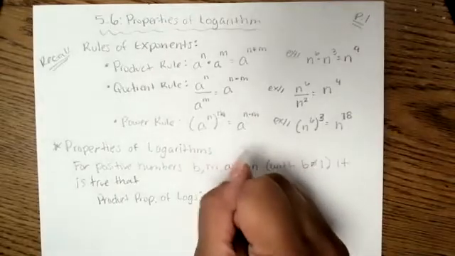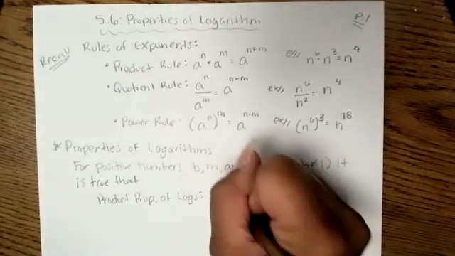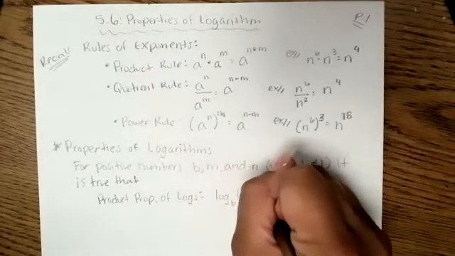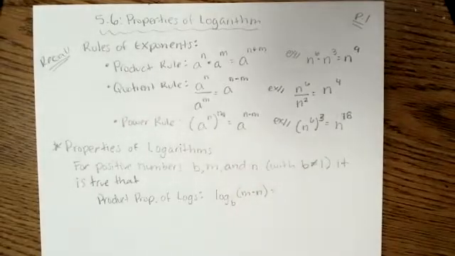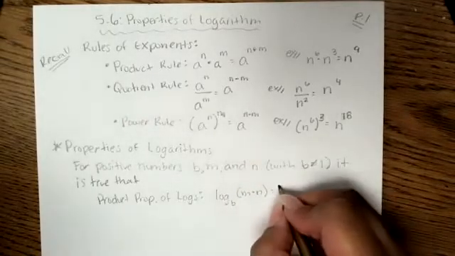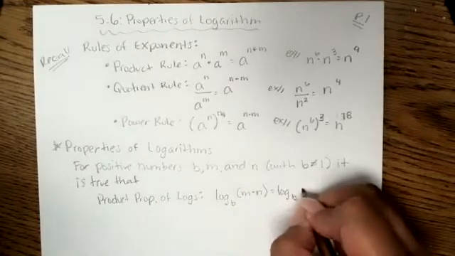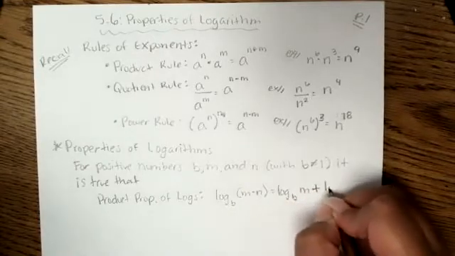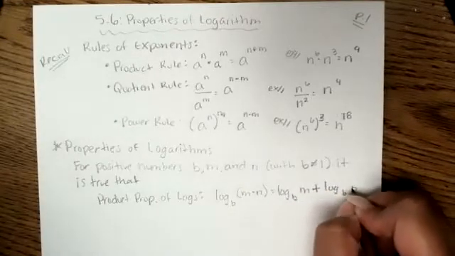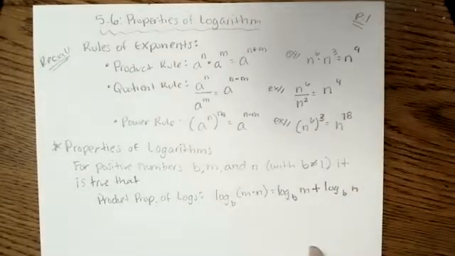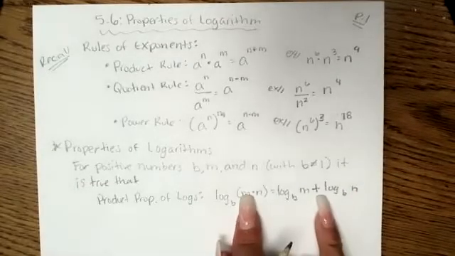If you have log base b of m times n, that is the same as saying log base b of m plus log base b of n. Now, the way I always remembered it is I like to multiply and I like to add.